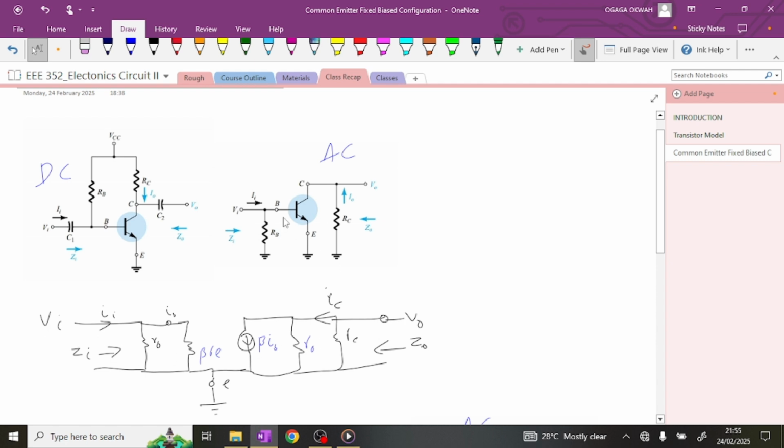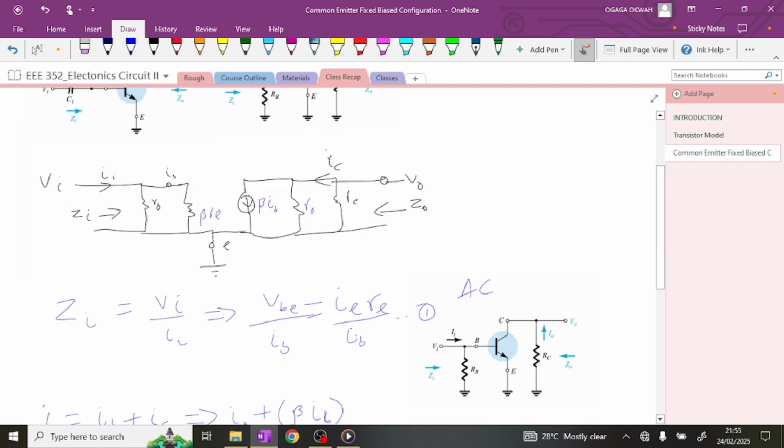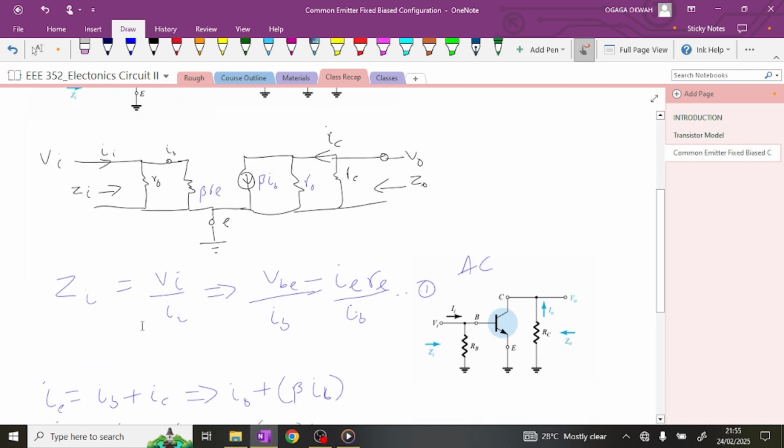From this point we just drew the whole thing again. But when we got to this part, we replaced it with this, and I demonstrated how we got that right here, and also how we got this from the principle that the RE model does not have an output impedance in this diagram. However, we can calculate it, and that's what we are going to start with in our next video.